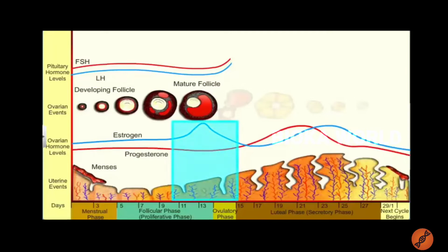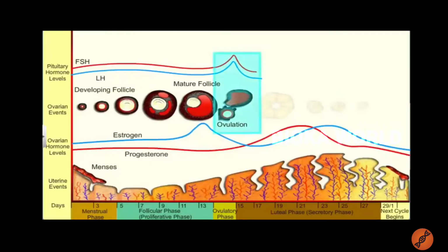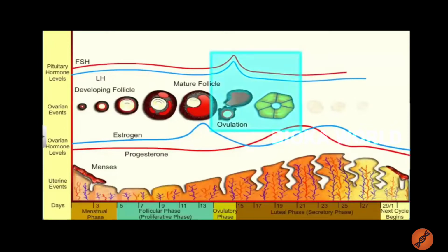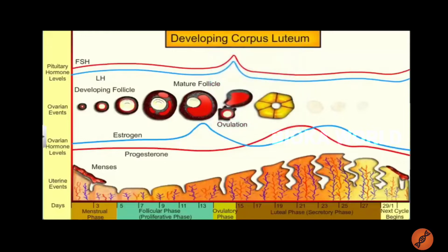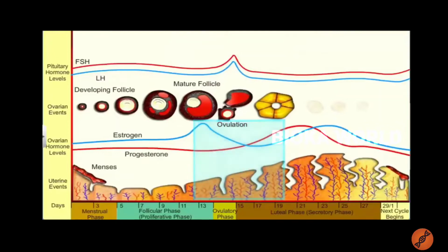So much so that by the ovulation phase, the levels of LH and FSH in the blood are at their peak. This LH surge causes ovulation by rupturing the Graafian follicle and turning the follicle's remnants into the corpus luteum. The estrogen level in the body too reaches its peak, and we see a gradual thickening of the endometrium.